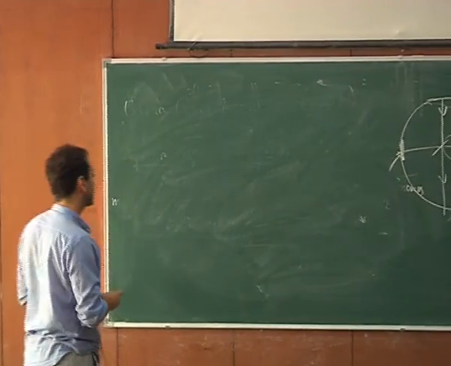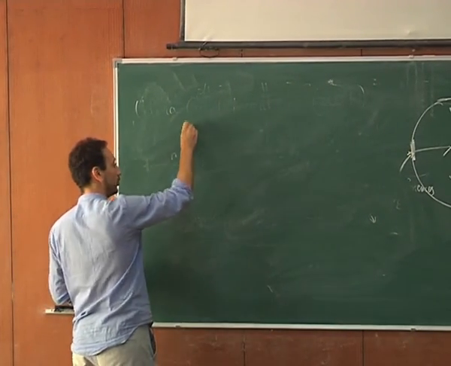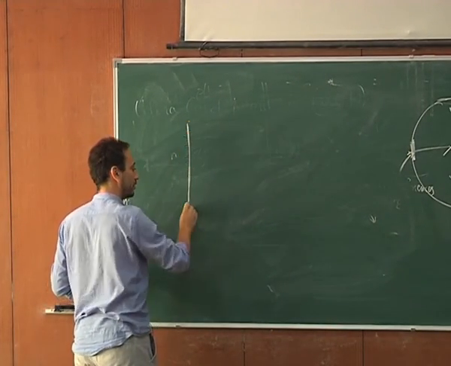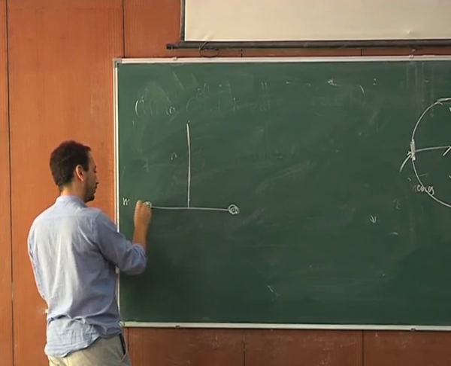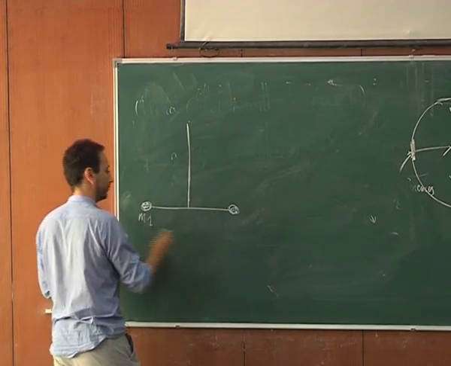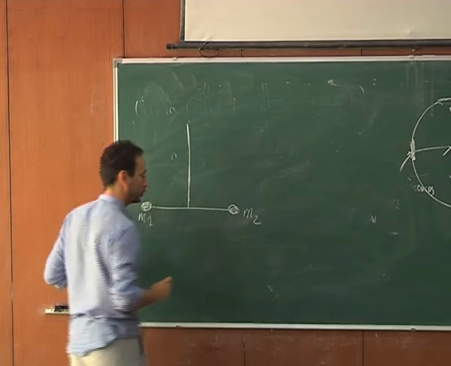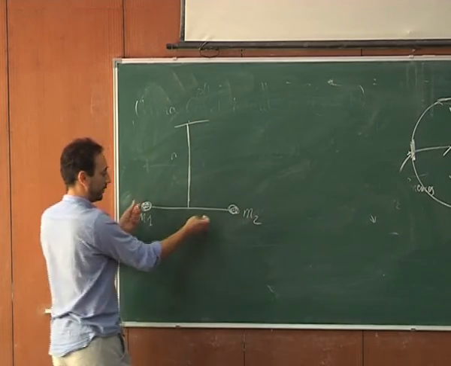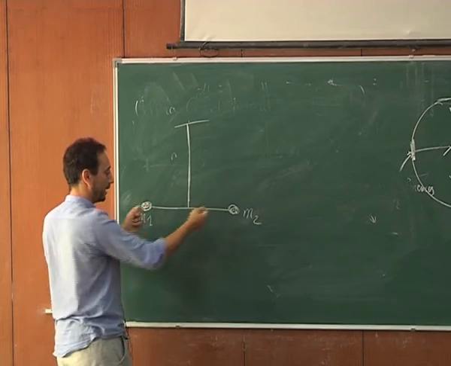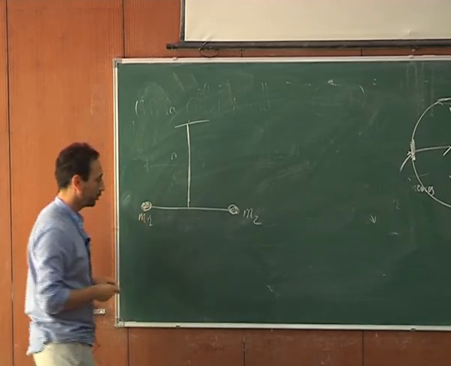The device is more or less like this: you consider two masses here, M1 and M2, which are attached, and this can have some torque.